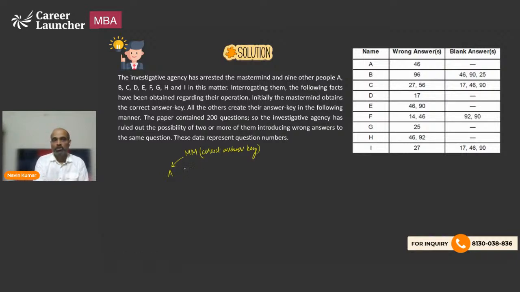Okay. So if mastermind has got the correct answer key to every question, then when A copies from mastermind, he copies all the questions as such, and then he intentionally makes one mistake.